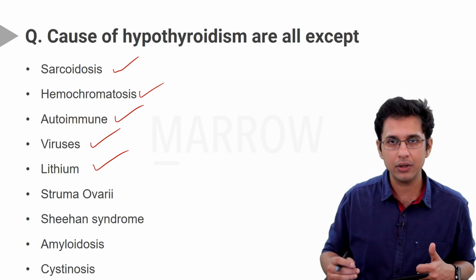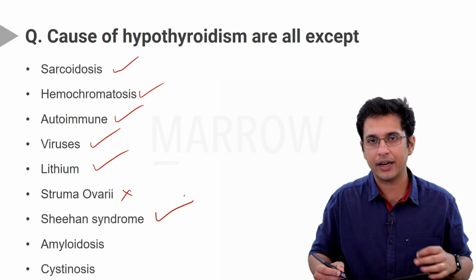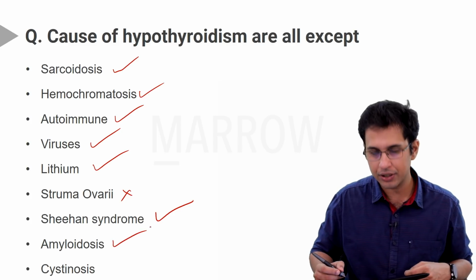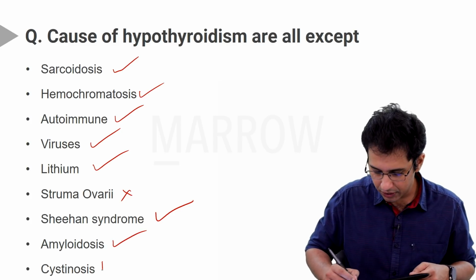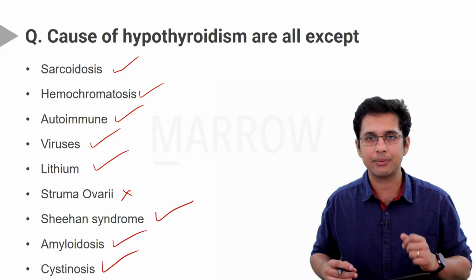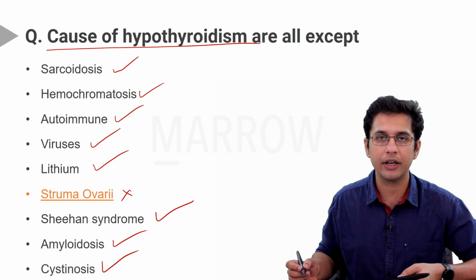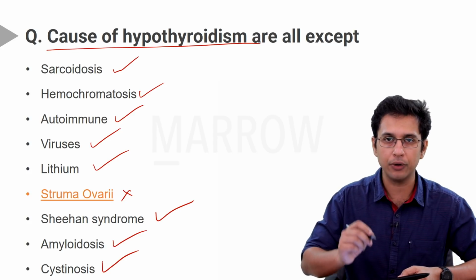So it is not going to cause hypothyroidism. Sheehan, yes. Central cause, secondary hypothyroidism. Amyloidosis, yes. Infiltration. Cystinosis, yes. Infiltration. So you could get a question with any of this mix and match. Causes of hypothyroidism. So the answer is struma ovarii. Everything else can cause hypothyroidism.